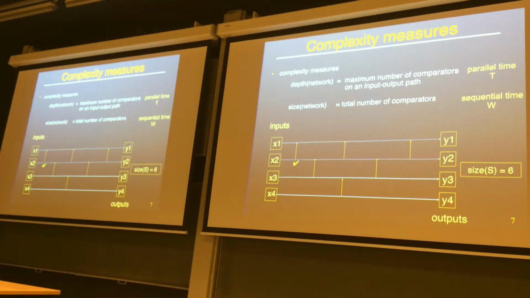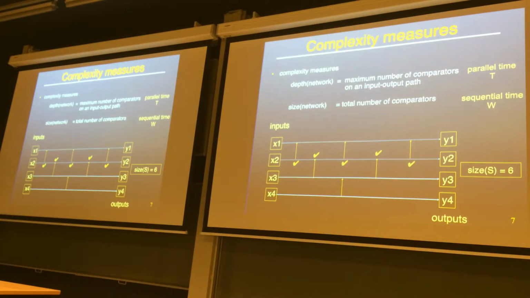If we would like to determine the depth of the network, we have to find a path where the maximum number of comparators is present. Well, this is such a path. Count here the number of comparisons: comparison number 1, number 2, number 3, 4, 5.